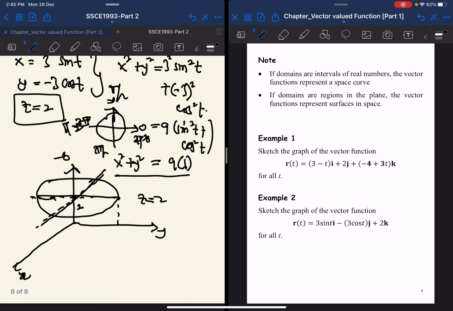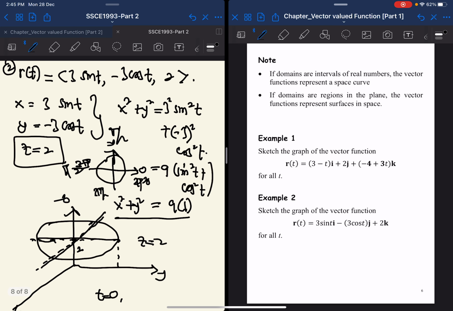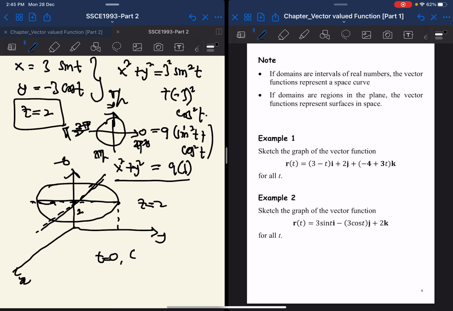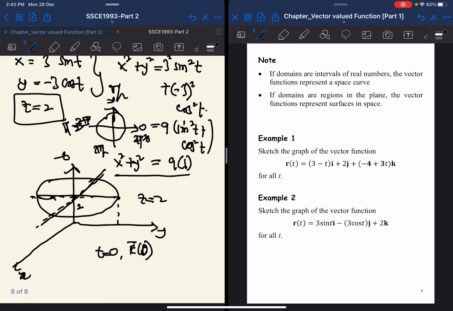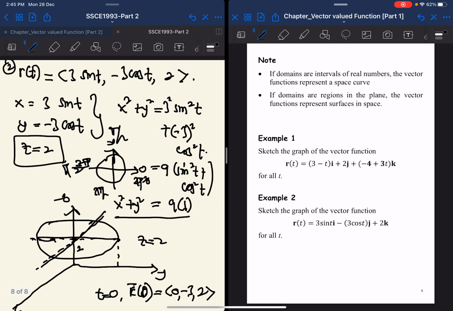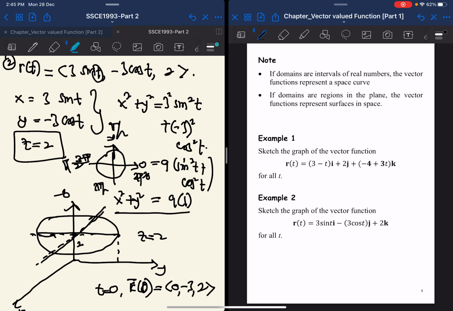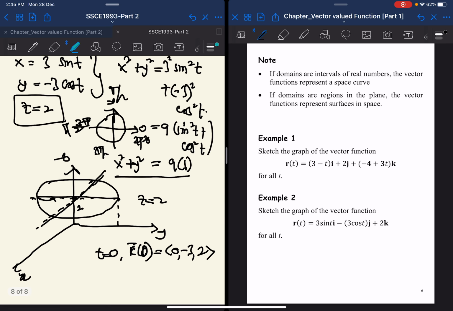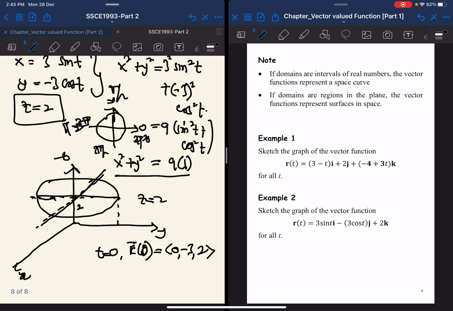For this kind of shape, it will be easy if, let's say, you choose t equal to 0. You substitute the value of t equal to 0 into this one. The position vector for t equal to 0 is 0, negative 3, 2.